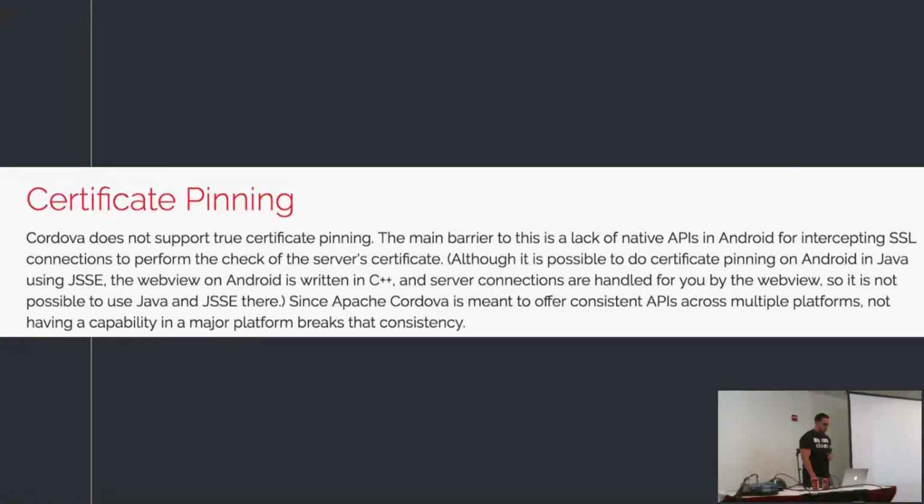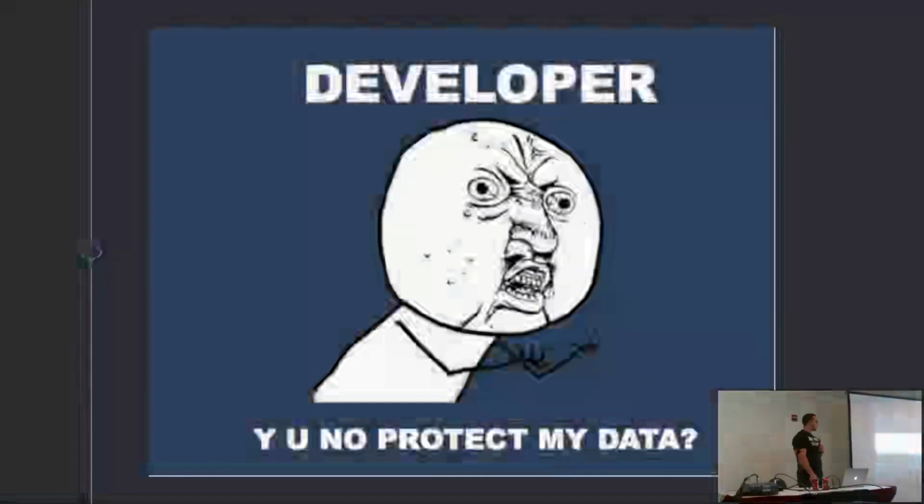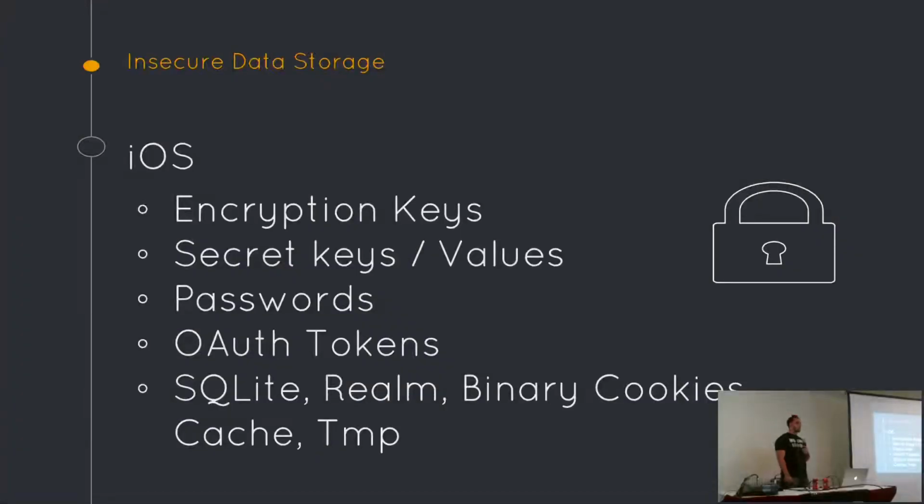The next section will be insecure data storage. And this is probably the biggest issue or finding that you'll locate within an application binary. And that will be, like I said earlier, encryption keys, secret keys, private keys, passwords, server passwords, API keys all the time, OAuth tokens, refresh and access tokens, and also what's stored in SQLite databases.